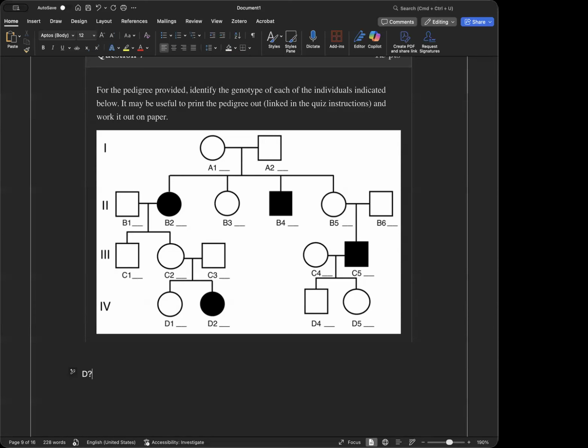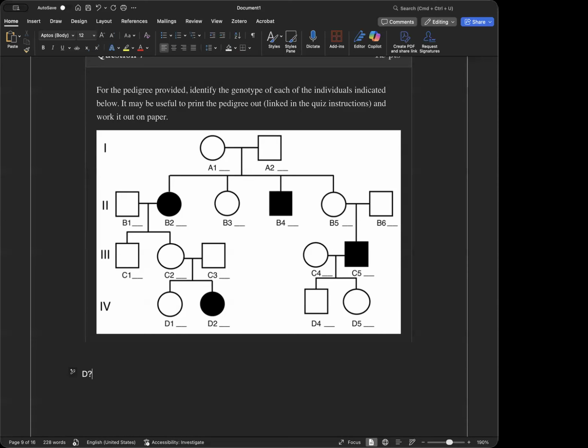Based on our findings in this pedigree, we can assume that at least two of these individuals that are marrying into the family are carriers because the subsequent generation is affected. For example, if we look at B5 and B6, they both are coming together and having a child that is affected.